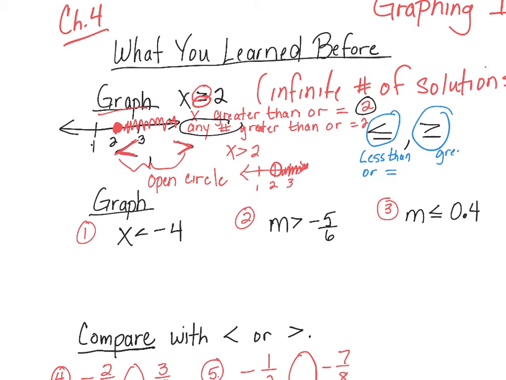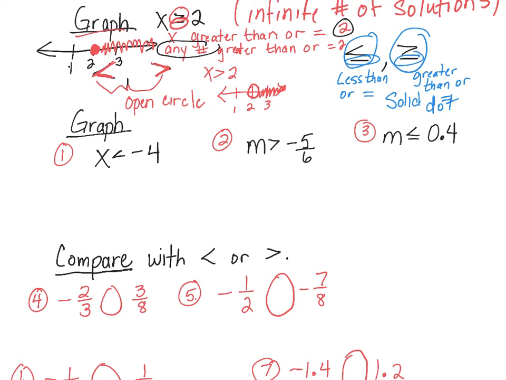Greater than or? If it has this equal sign, we have to have a solid dot on the number line. Number 1 says, and I will write it down, it says any number, what symbol is that?